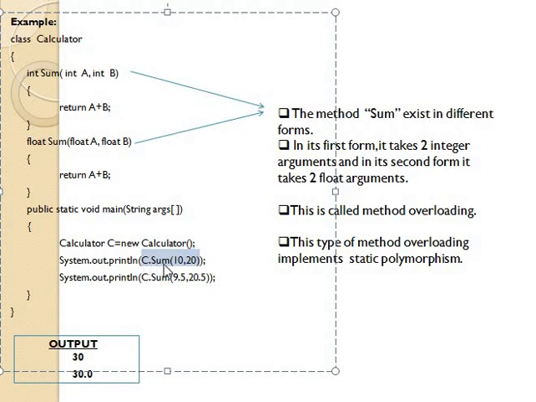So when the object c calls this method sum containing these two arguments 10 and 20, which method out of these two bearing the same name sum gets called by this object c? Since the arguments contain only integer values, 10 and 20, the first method sum will get executed, as both its arguments a and b are of type integer.